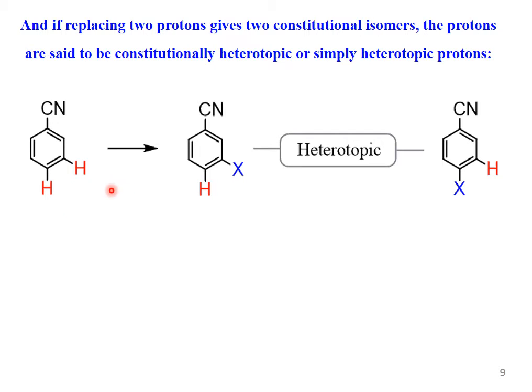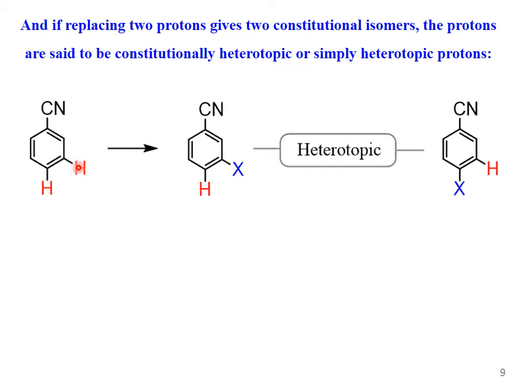This is very clear that the two products are totally different. One is meta substituted and the other is para substituted. That is why the two protons highlighted with red color are heterotopic, because we get different products when either proton is replaced with any other group of atoms.